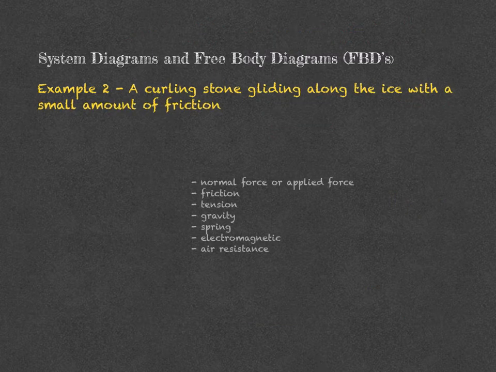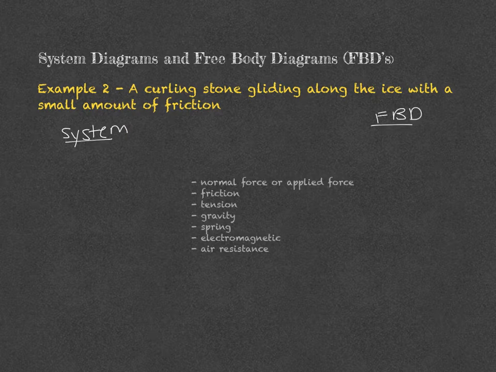In my next example, I'm going to have a curling stone that's gliding along the ice with a small amount of friction. So we'll start with our system diagram, and then we'll do our free body diagram after we have that system diagram. And I just kept our list of forces that might be affecting my object so that we can list them out.